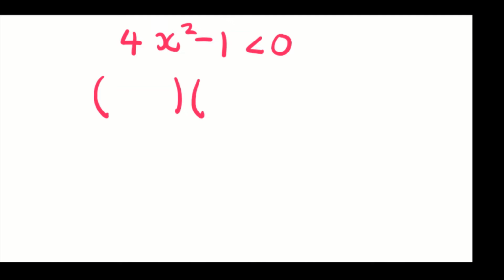So the first step, we're going to write our equation: 4x squared minus 1 less than 0, right? And we're going to factorize this problem here. So we're going to have 2x and 2x, right? It's a difference of 2 squares, so it's going to be plus 1 and minus 1 here.